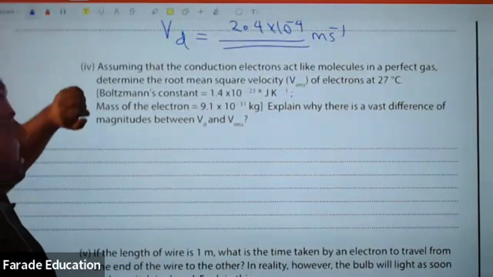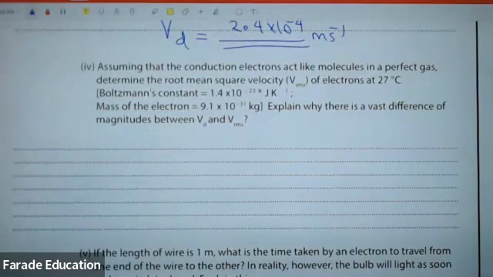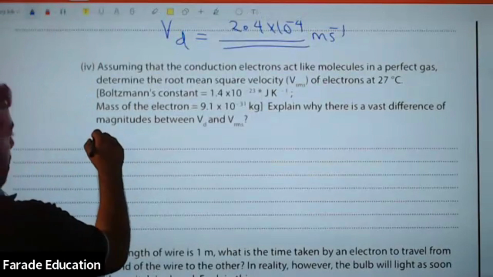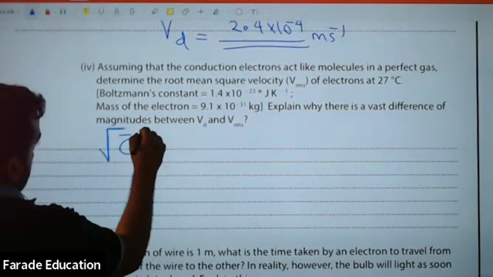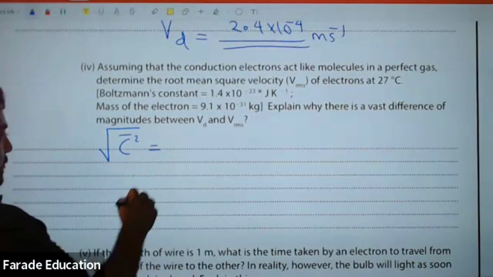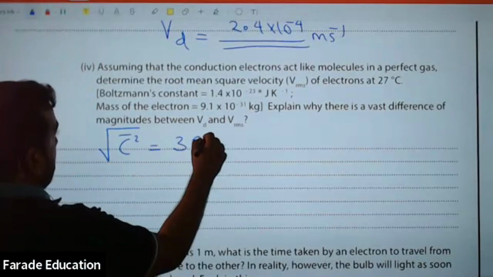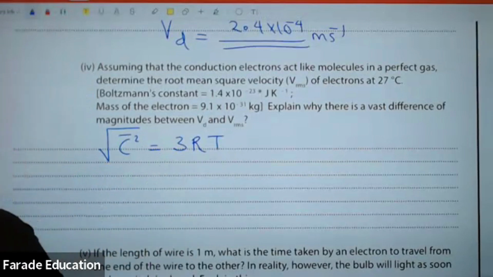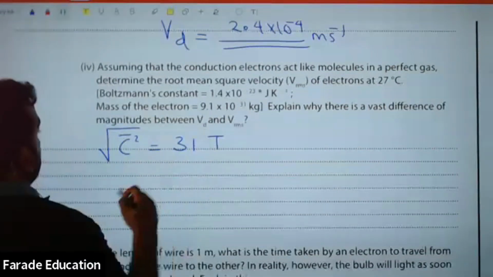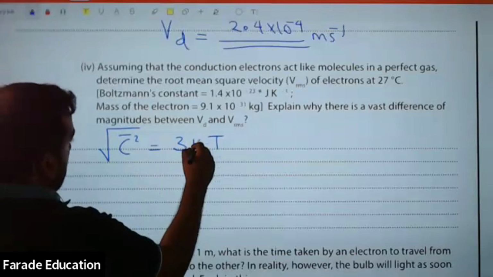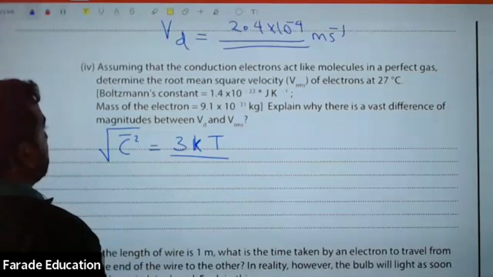Assume that the conduction electrons act like molecules in a perfect gas. Determine the root mean squared velocity of electrons at 27 degrees Celsius. VRMS is the square root of 3RT over M, and for a molecule, 3KT divided by mass of one molecule.